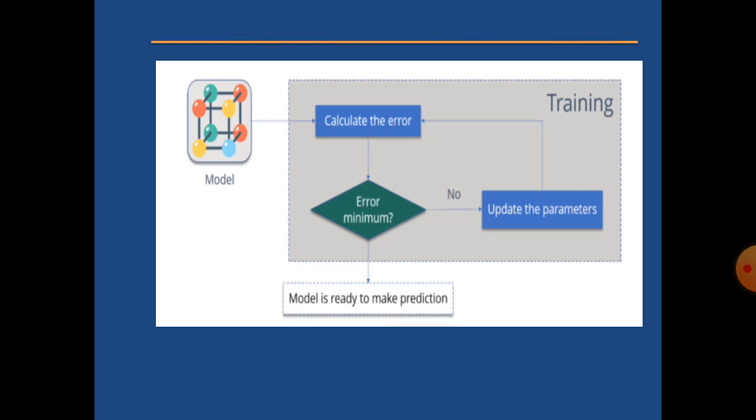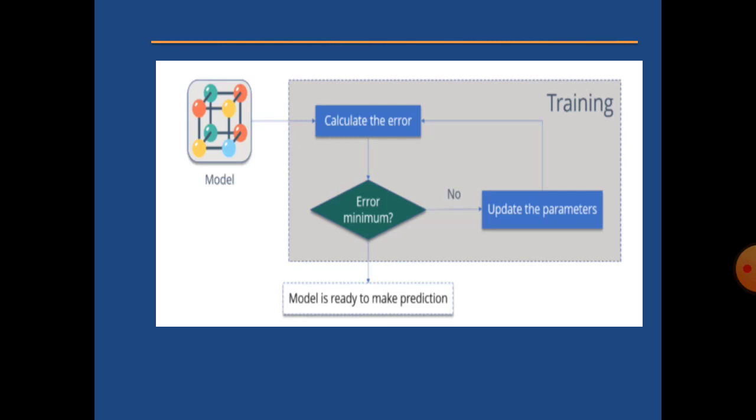If that error is minimum, we say that yes, the model is ready for prediction. Otherwise, again we will update the weights. This process keeps on repeating until the actual output and the desired output are one and the same, or the error rate is almost negligible.